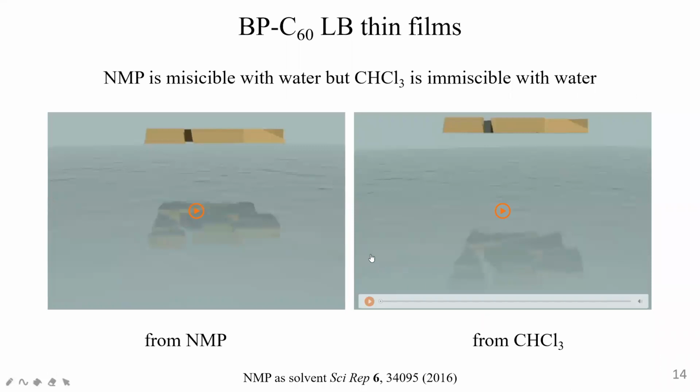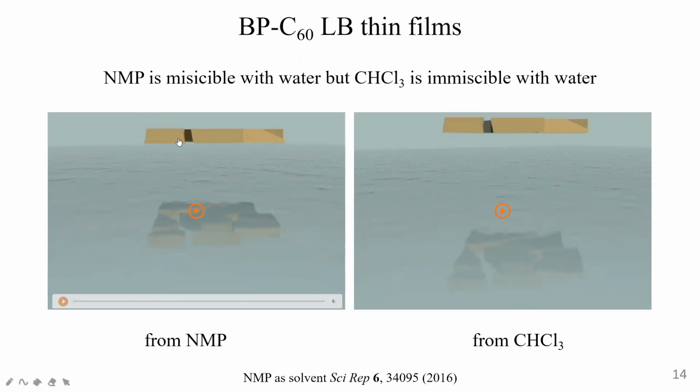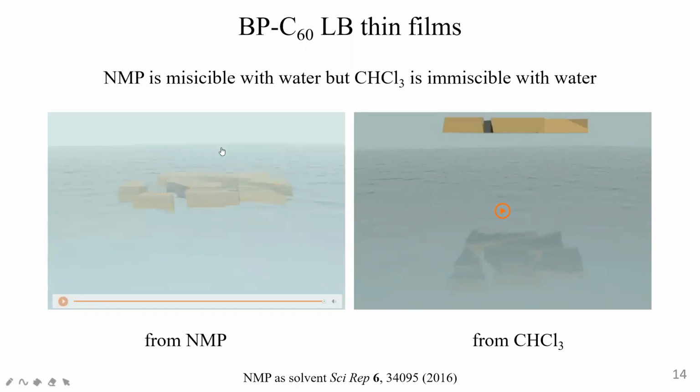And we think this could be understood in that NMP is miscible with water, but chloroform is immiscible with water. NMP is an effective solvent to exfoliate BP because there is strong interaction between NMP and black phosphorus. And when the black phosphorus solution was added to the water surface, the NMP solvent will drag the black phosphorus into the water and then sink down to the bottom.